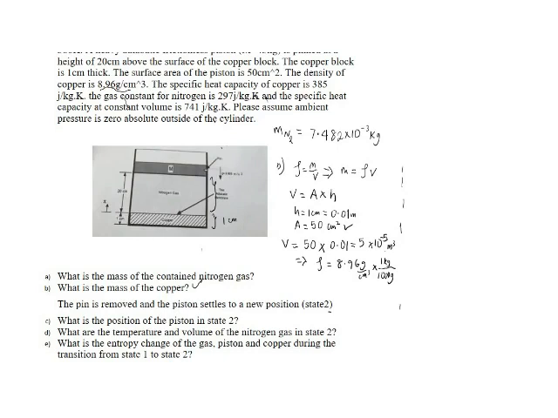So 1 kg over 1000 grams is just like multiplying by 1, and then multiply by, sorry, 100 cube all over 1 meter cube.